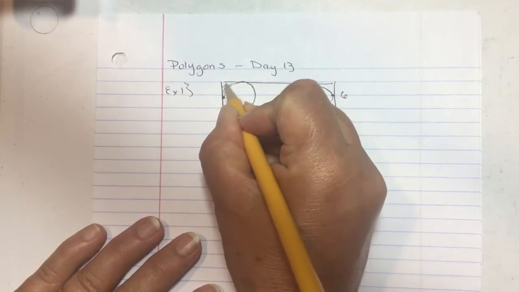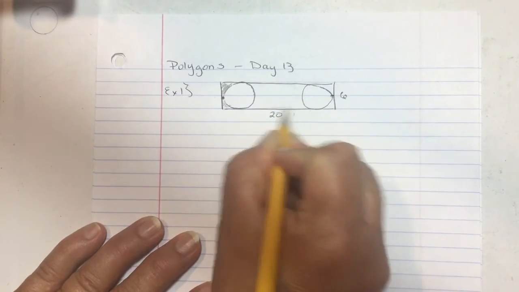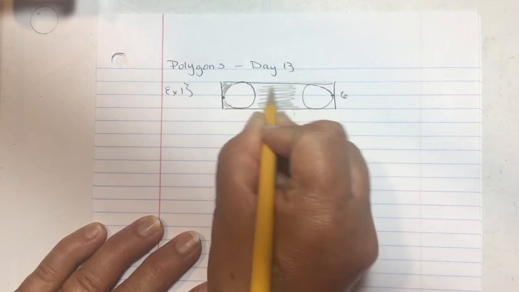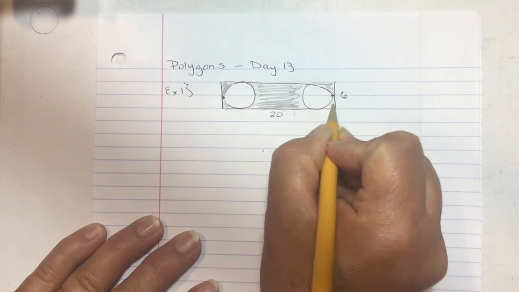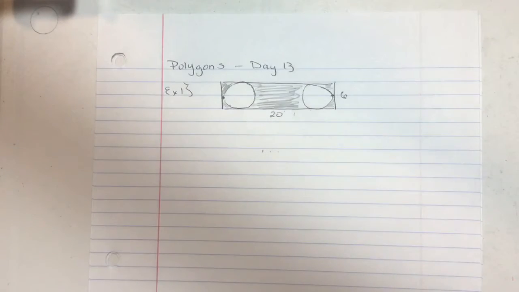I want you to shade everything except the circles. Now the circles are the same size. We want to figure out the area of the shaded part.